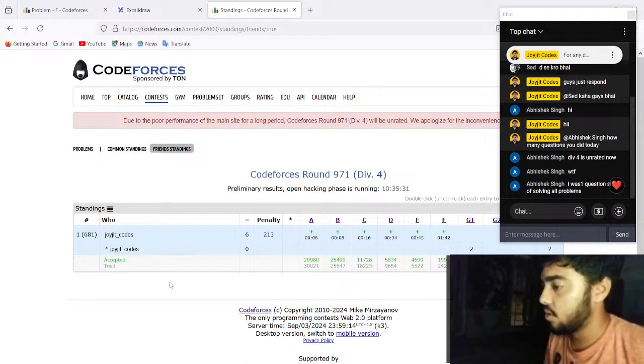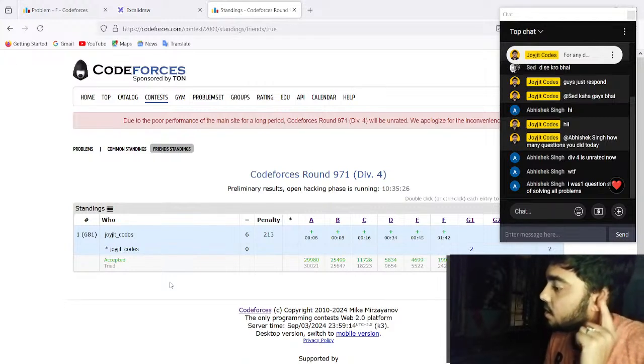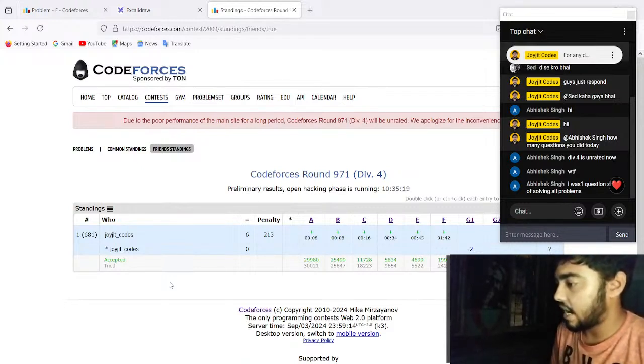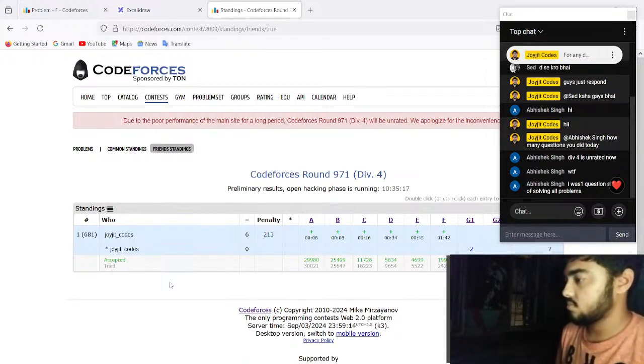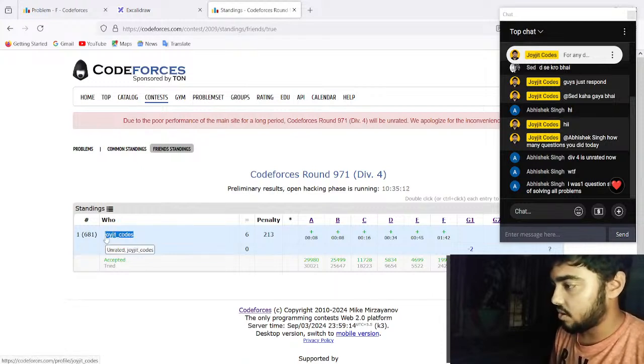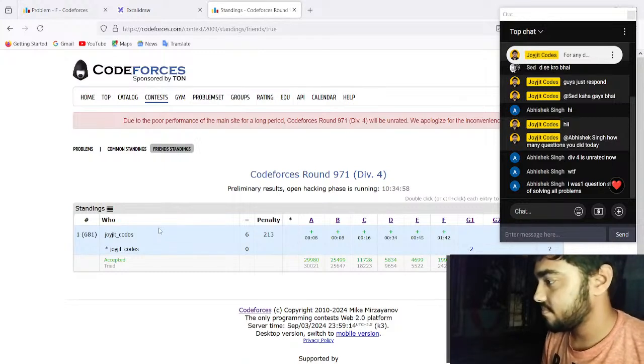I need at least two accounts so that I can give contests. Whenever I'm working on serious stuff, I give it from one account, and when it's casual, I give it from another account. Today I thought I was going to get a positive delta, and this was my rank. It was way lesser than what I solved, so I was expecting a good ranking, but anyways, it got messed up.